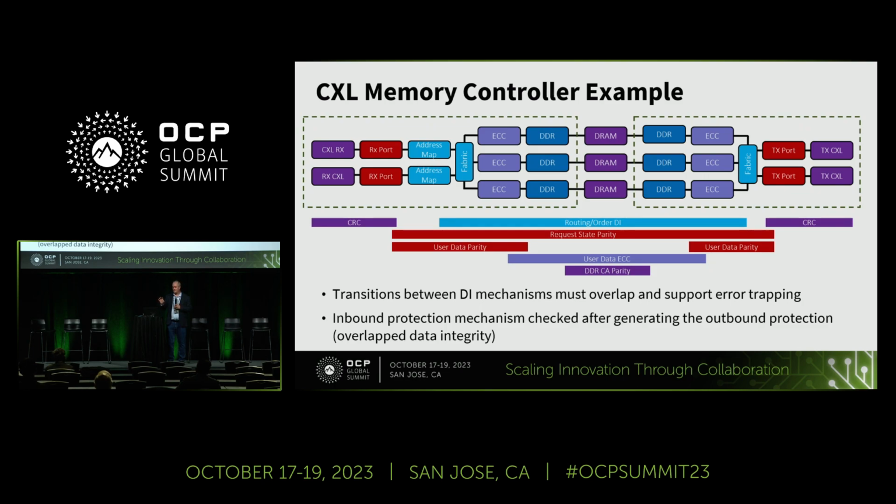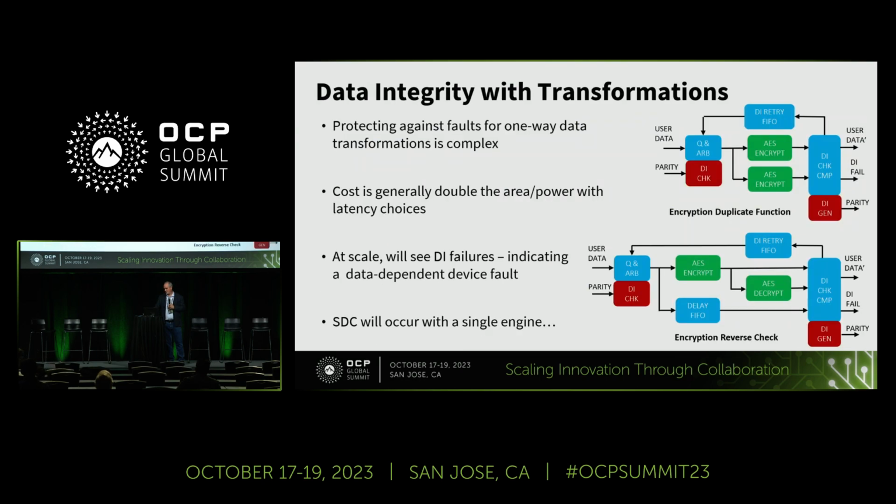It's a very good technique, and when you look at a storage processor, this is status quo, right? For highly complex data transformations, we would either duplicate or do the reverse operation. From a storage point of view, when you encrypt something, the data has changed and there's no parity.